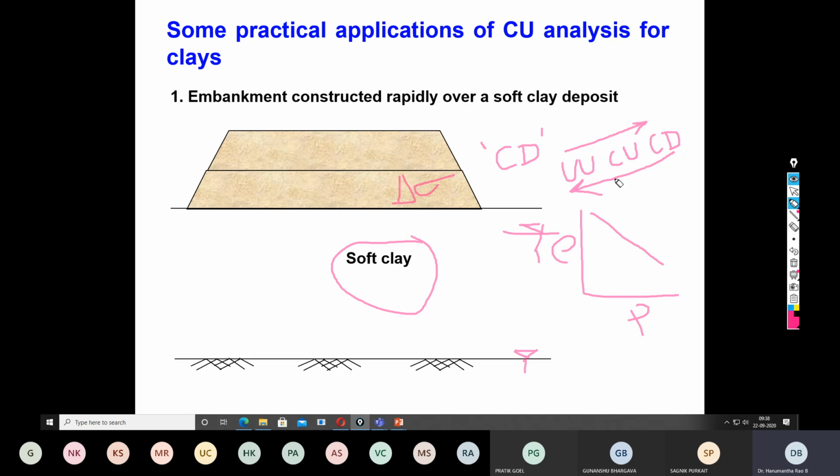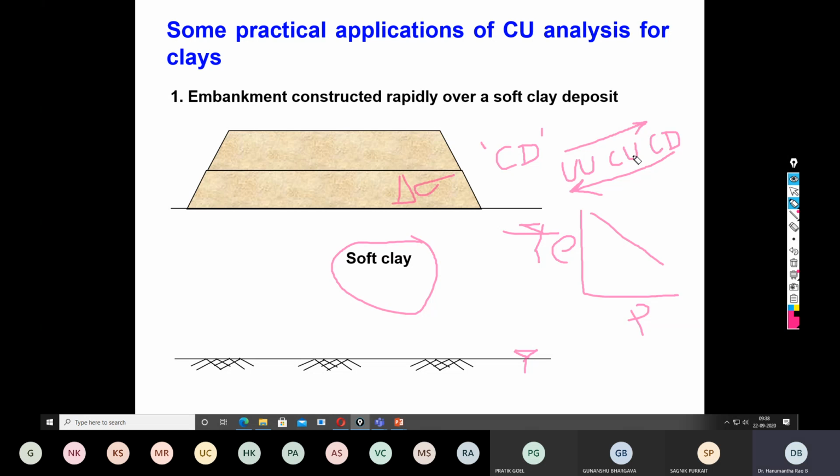Regarding the drainage condition, yes, to some extent the drained condition may become undrained, but not fully.